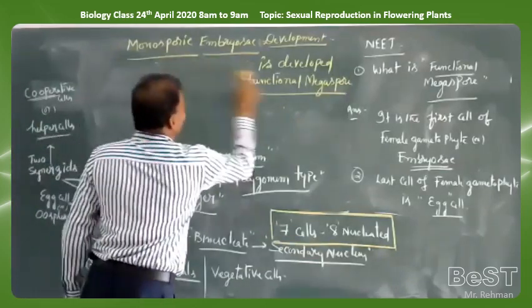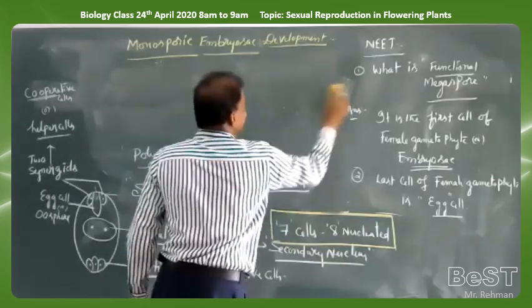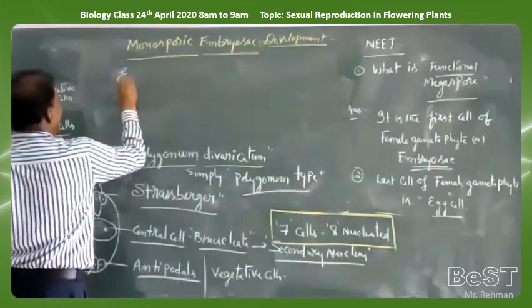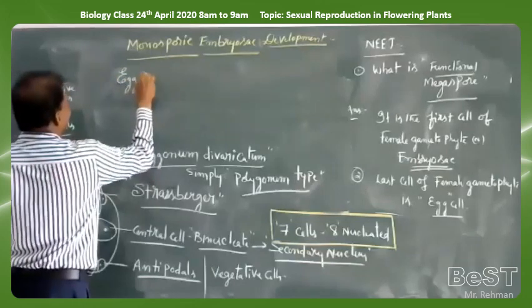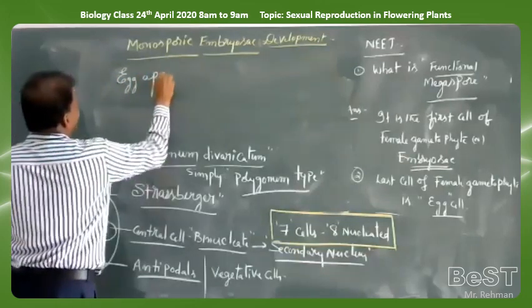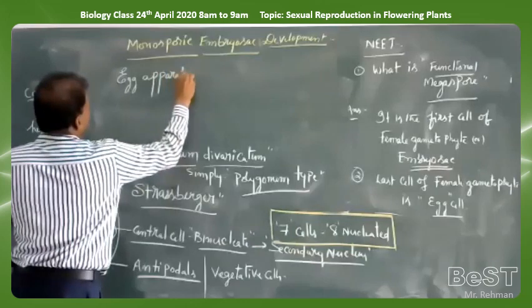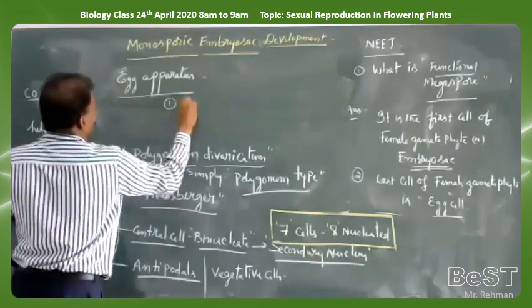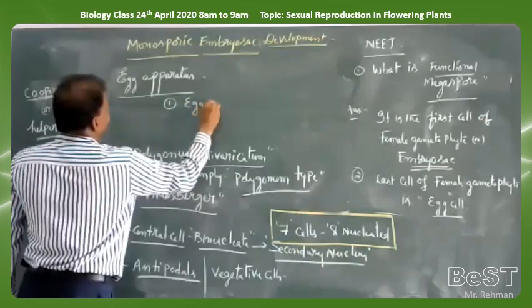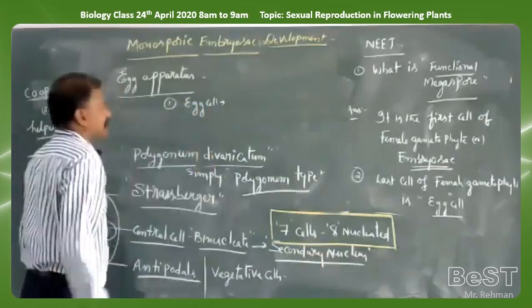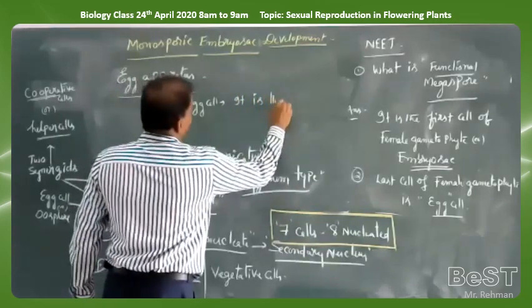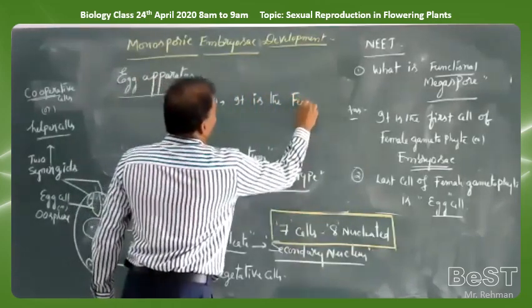Characteristic features of egg apparatus. First one, egg cell, it is the female gamete.